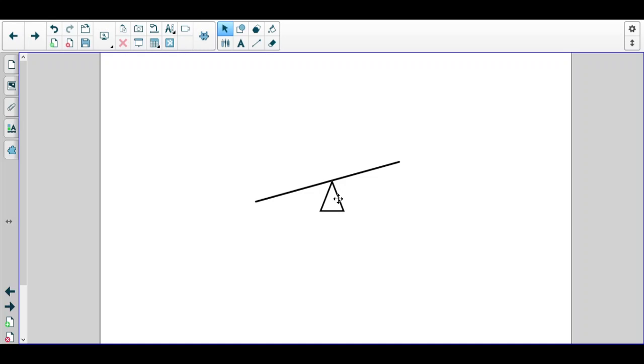If we had an object, let's say this star right here, and then this heart right here, what this would mean is that the star weighs more than the heart, because it is out of balance.